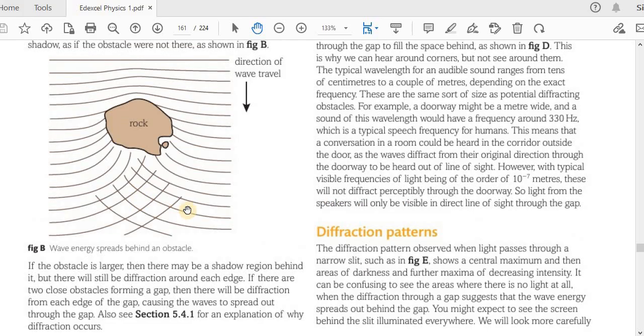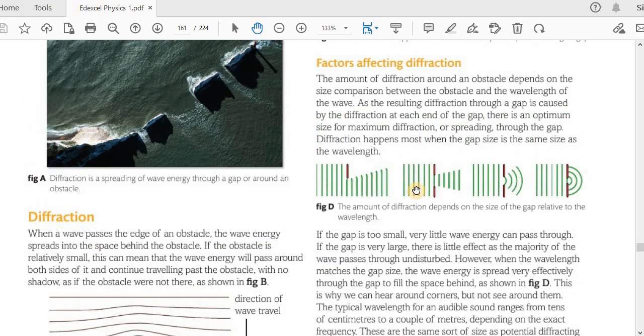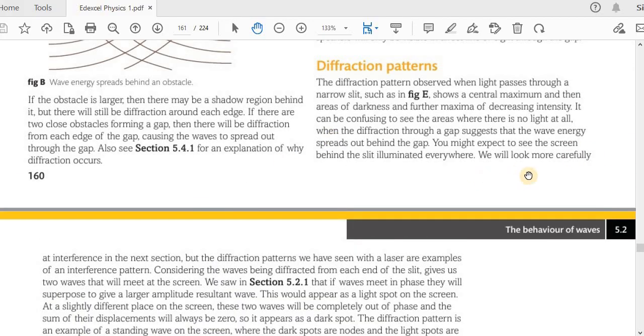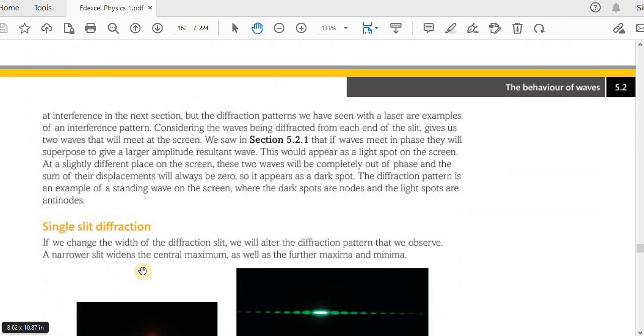Okay, so we have interference. It not only applies for water waves, even the other types of waves. All the waves, we can say, undergo reflection, refraction and diffraction. We will look more carefully at interference in the next section, but the diffraction patterns we have seen with a laser are examples of an interference pattern.